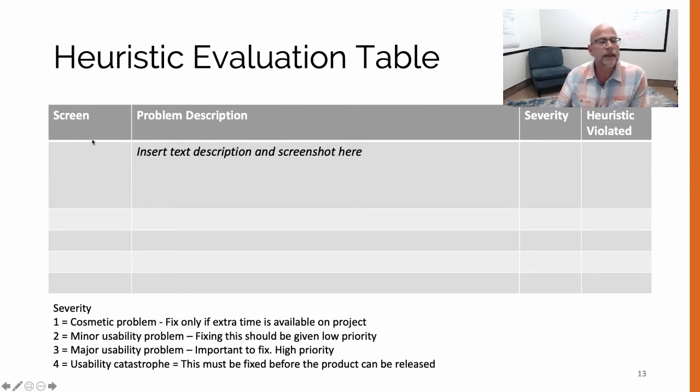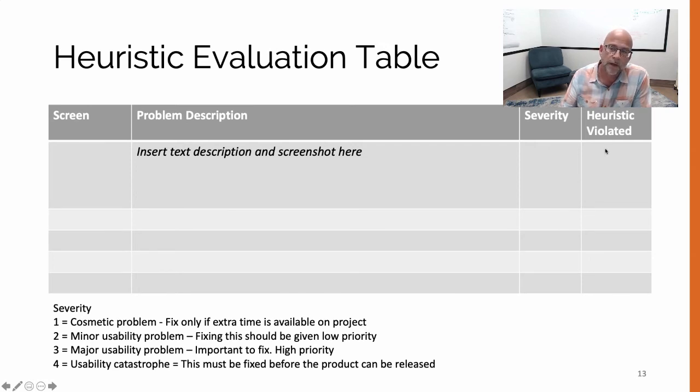So basically what they did is they went through a user interface for Hyundai, and they would find a problem. They would maybe describe the name of the screen. Let's say it's the home page or the home screen. It might provide a screenshot, and they would insert kind of a description of what the problem was that they would find. And then over here, they would indicate what the severity of that problem was.